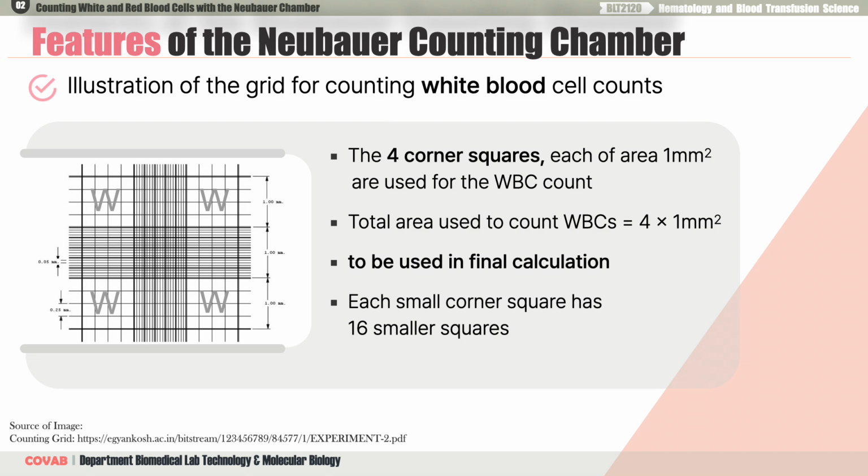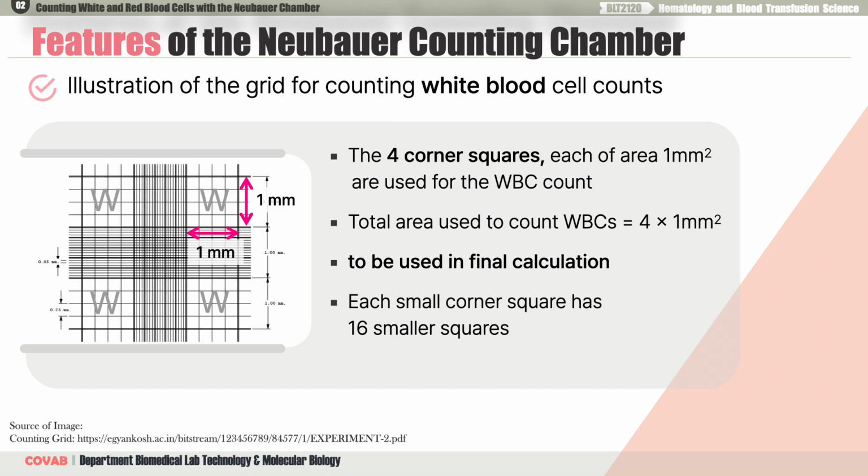Each of these 4 corner small squares has an area of 1 millimeter by 1 millimeter, giving us a total surface area of 1 millimeter squared. So if we do the counting in all the 4 corner squares, we shall have counted cells in a total surface area of 4 times 1 millimeter squared. And this is used in our final calculation.